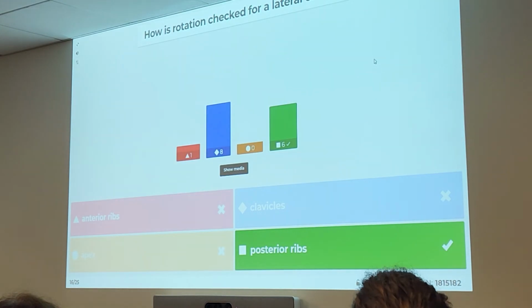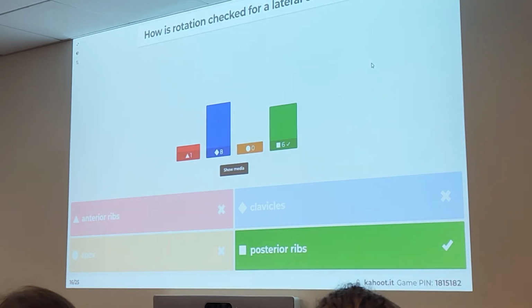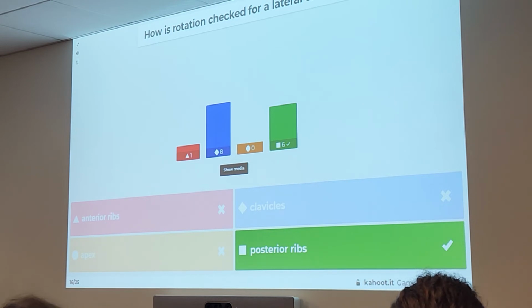We're gonna look at the posterior ribs, to make sure they're not curved and rotated, with the two fingers method. Clavicles, we're gonna check on their AP and PA projections. I thought it was the scapulae that you checked for rotation. No, we just want them out of the way. Posterior ribs for lateral chest.